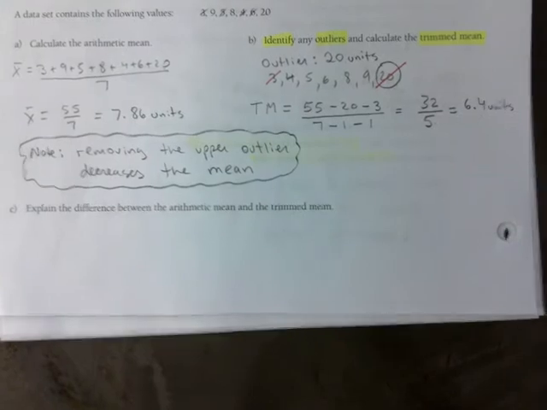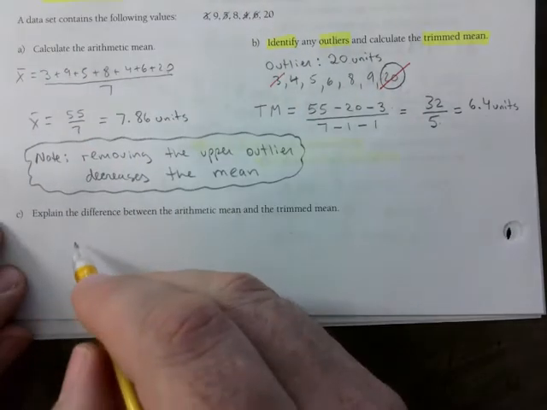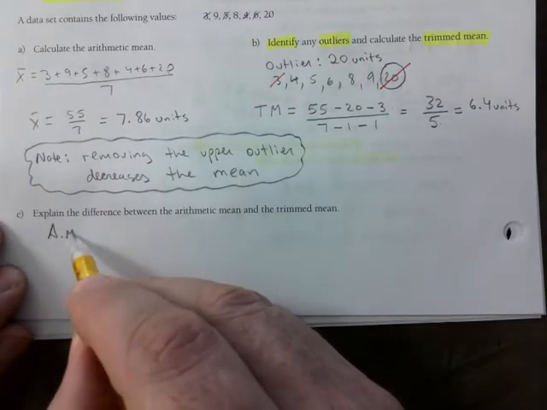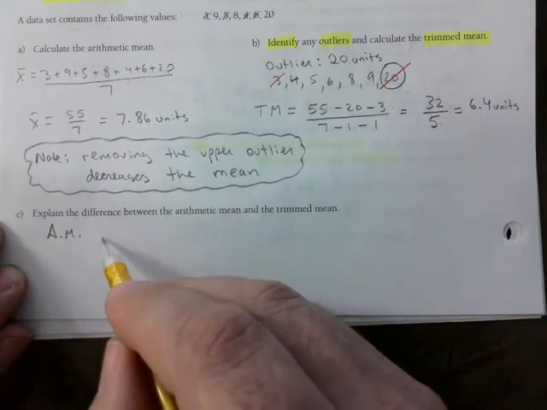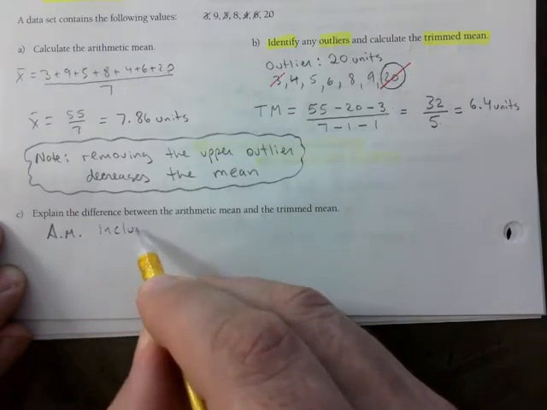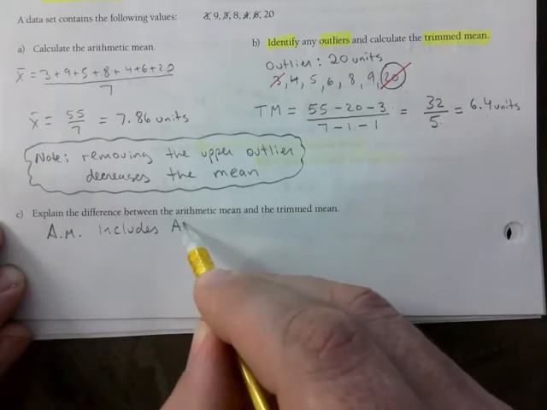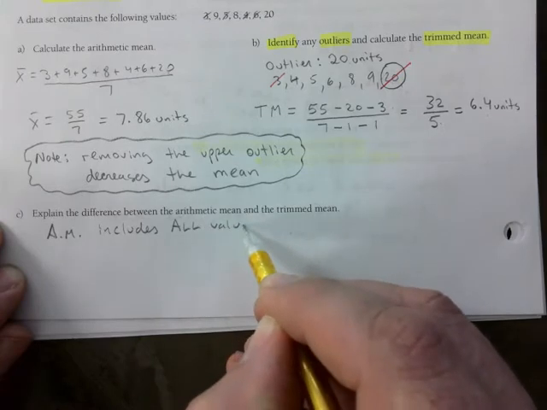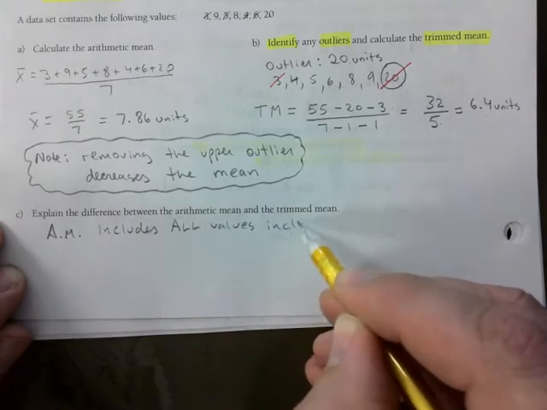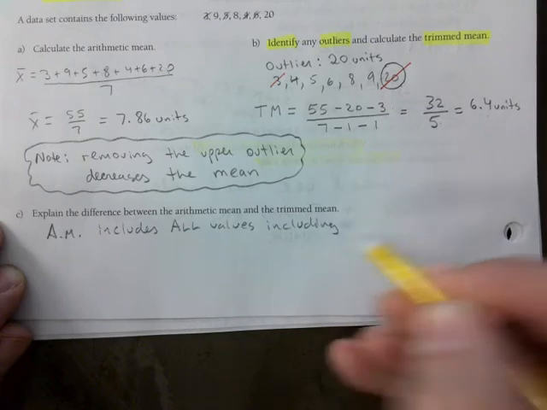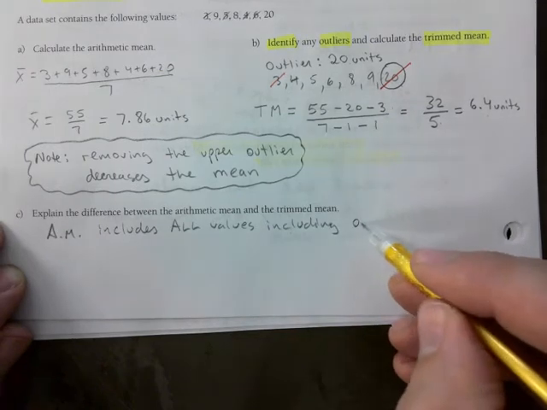This is very important, okay? The difference. Arithmetic mean includes all values, including outliers.